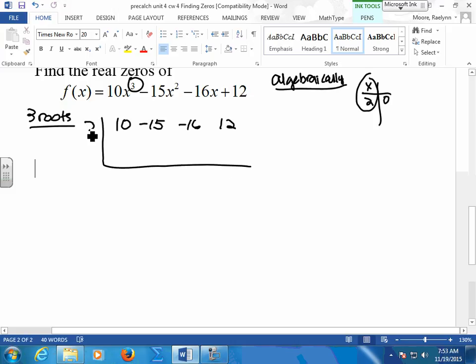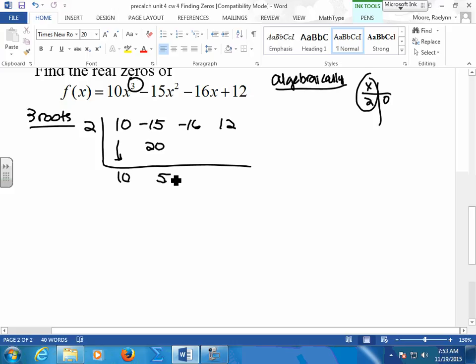We're going to factor out a root of 2. What should my remainder be? 0, because we know that's a known root, right? So that's a good way to start. So, go down to 10. 2 times 10 is 20. Add it down.